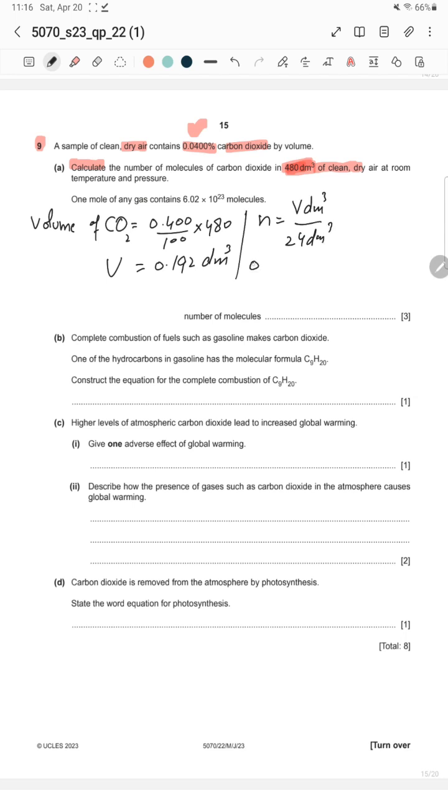Now substitute the values: 0.192 divided by 24, so we will have moles of carbon dioxide, that will be 0.008.